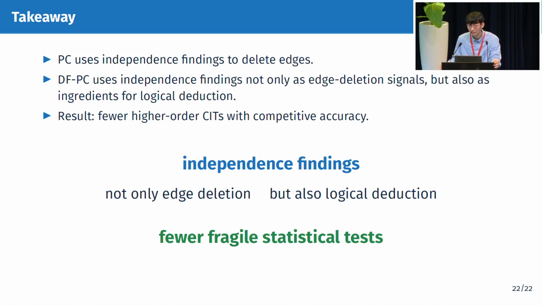Thanks. Since there are many questions, there is one more question on Zoom, and then we could take the rest offline because we have to end. Please go ahead. This is a question from Zoom. In the simulated study, why are there differences between PC and DFPC if they give the same output as mentioned in the talk?